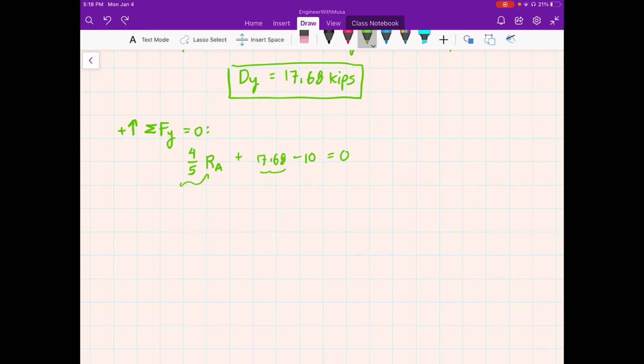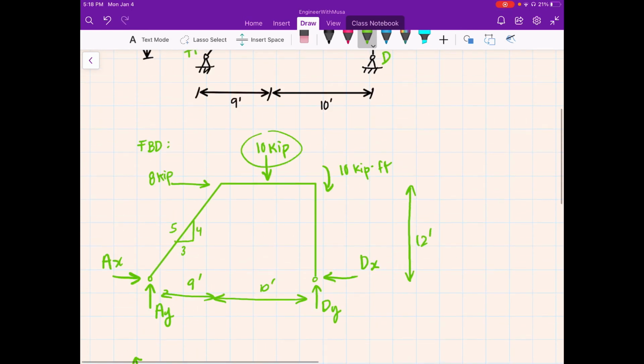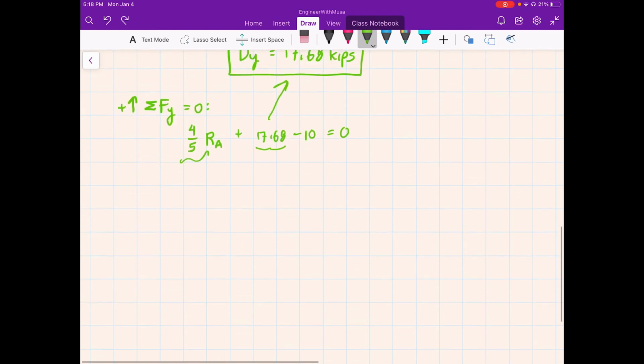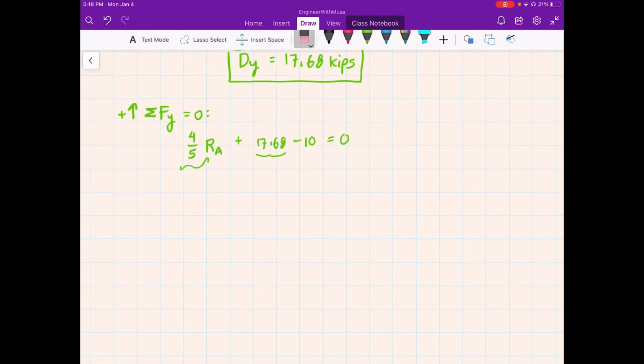And then this came from over here, and then the minus 10 came from over here. Cool. Then we get that RA is equal to 9.60 kip.